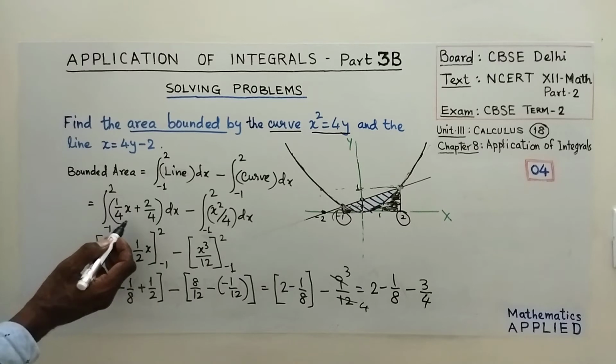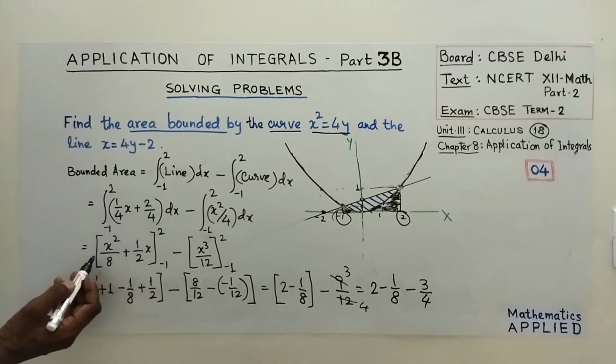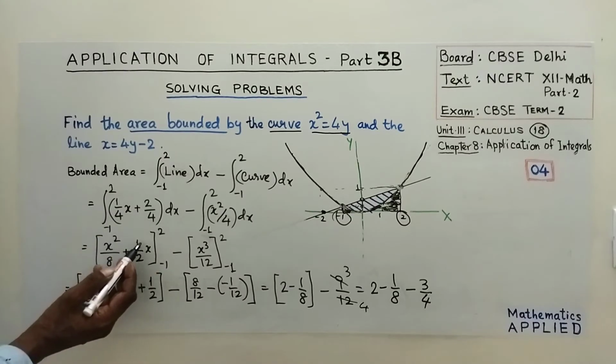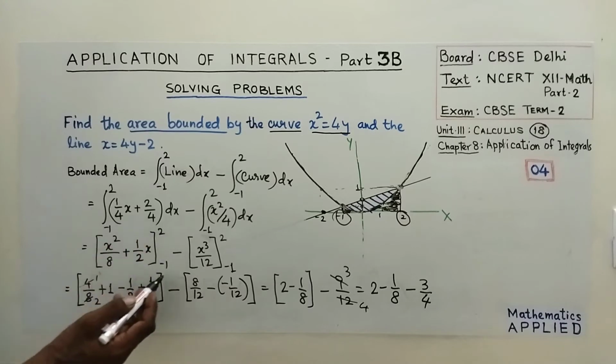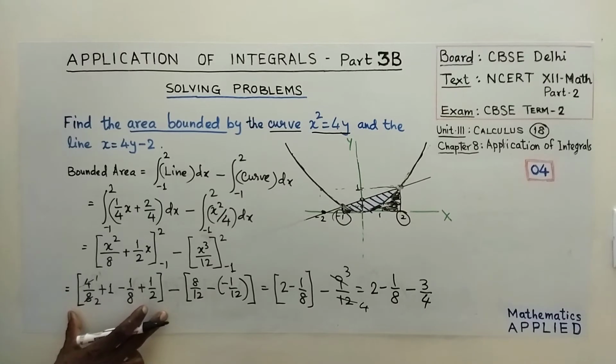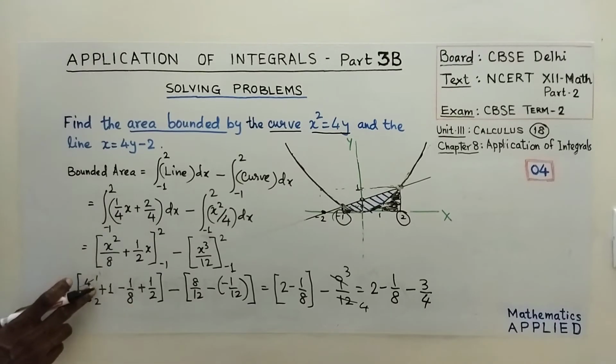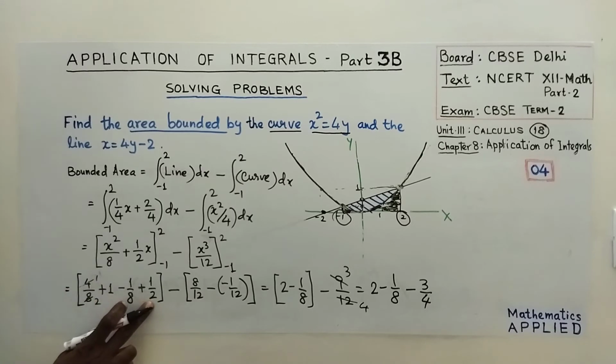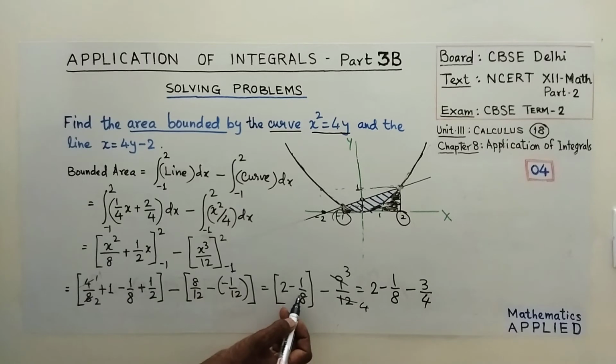When you integrate, you have x square by 8 plus half x from minus 1 to 2, and minus x cube by 12 from minus 1 to 2. When I solve this, I get 4 by 8, so that becomes 1 by 2, and this is 1 by 2. So 1 by 2 plus 1 by 2 is 1, plus 1, 2. So I have written 2 minus 1 by 8.